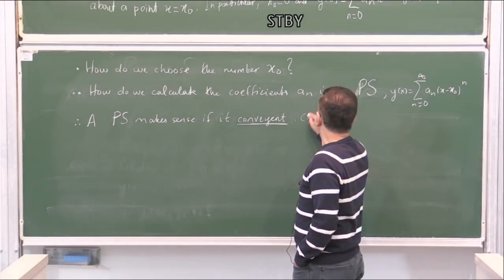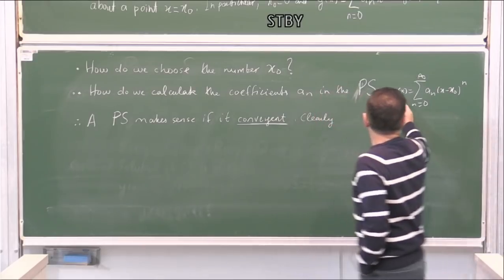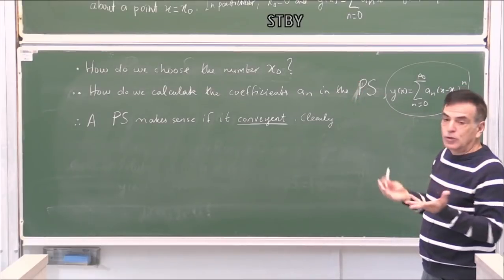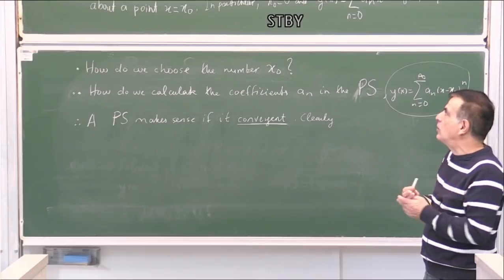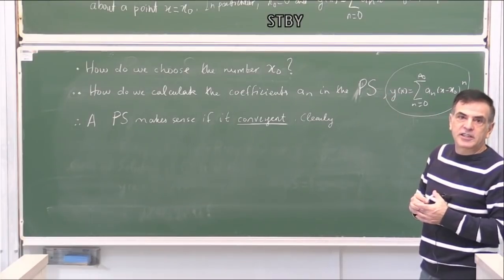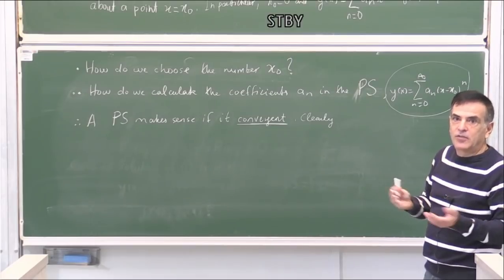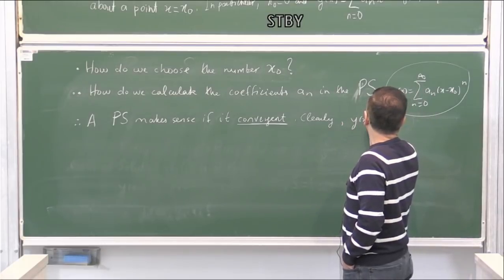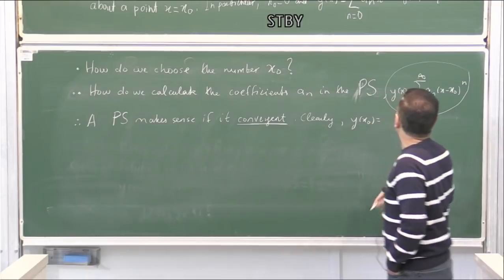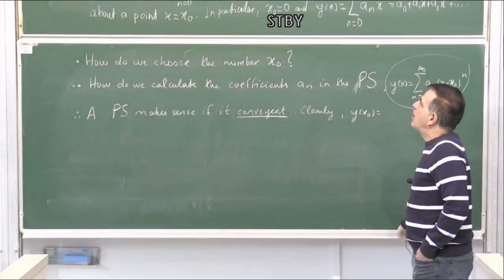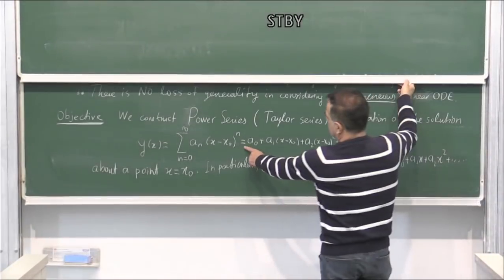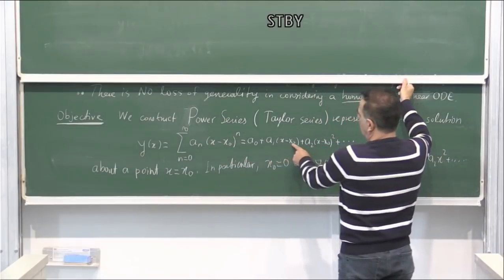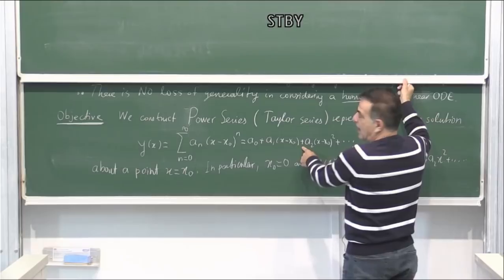Clearly, if you look at this power series representation of a solution which exists on some x interval according to the general existence uniqueness theory of linear ODEs, clearly look, y of x0, good, y of x0, remember the explicit form of this series, when x is x0, look, every term beyond the first one vanishes.